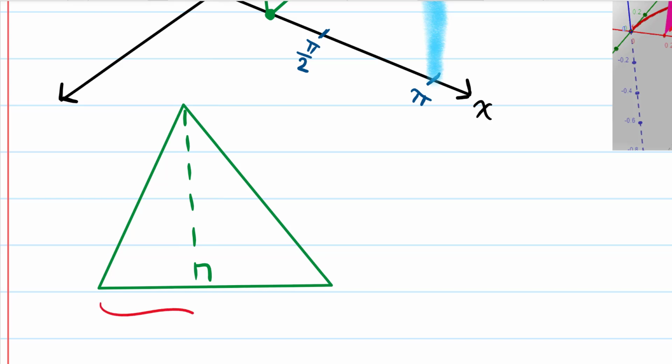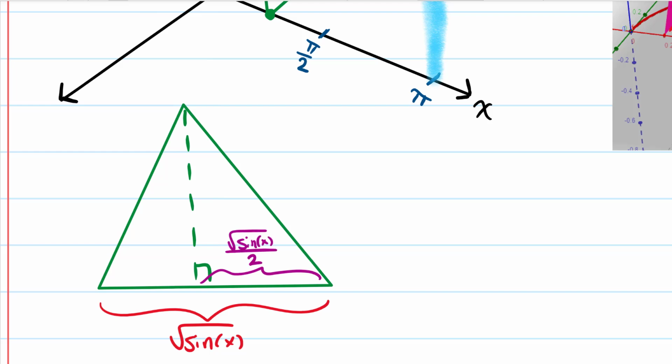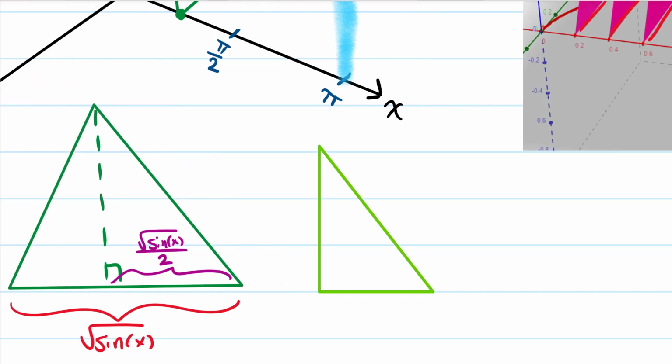Since the whole base is the square root of sine of x, half the base is the square root of sine of x divided by 2. Since this is the square root of sine of x over 2, this is going to be radical 3 times the square root of sine of x over 2.